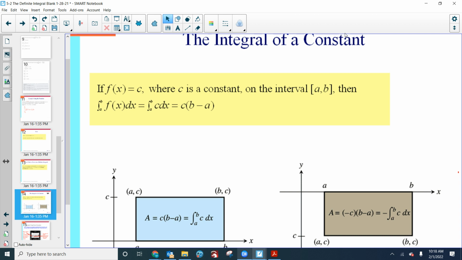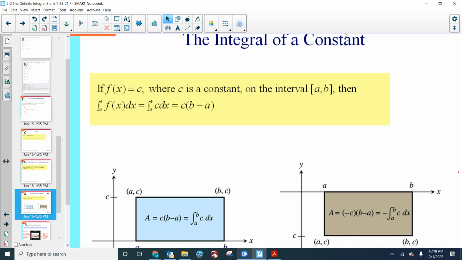Why does c have to be on the interval AB? What do you mean? When it says where c is a constant on the interval AB, why does it have to be within a and b? Why can't it be higher than b or lower than a? Well, c is a y value, so technically it's constant on the interval from a to b. It's not a c value within a to b.